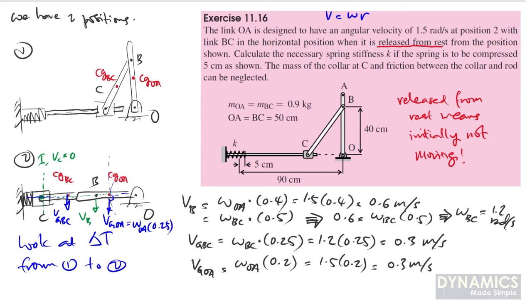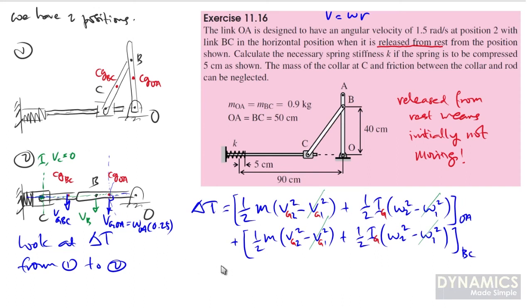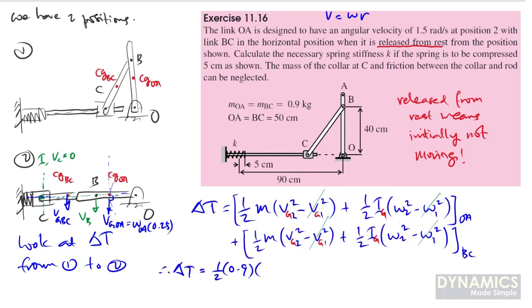Okay, so substitute back inside our delta T equation. It will be equal to half the mass times VG2 for member OA, which is 0.3, plus I at the CG for member OA.